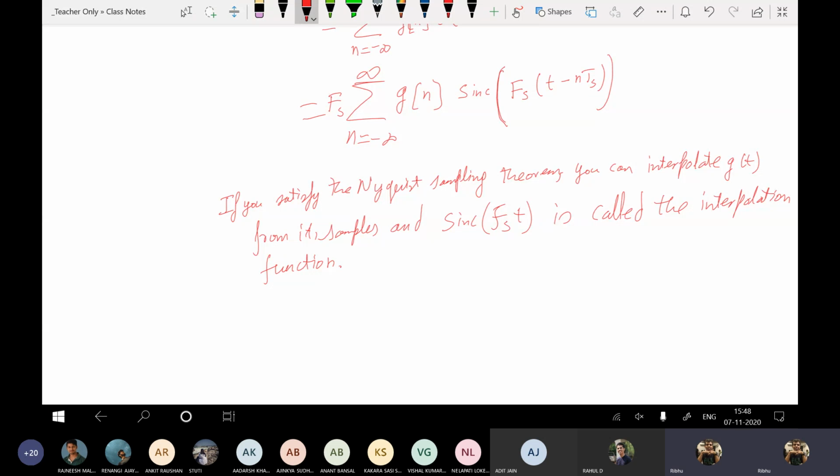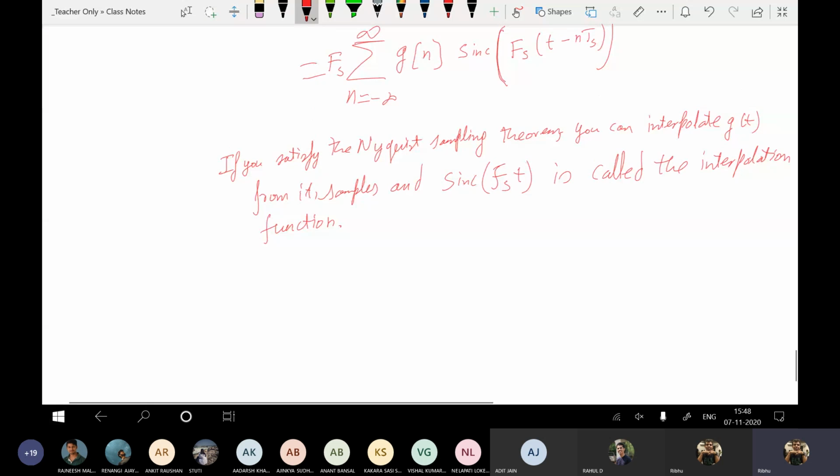So you know that the sinc function is called the interpolation function. I don't remember exactly, but yeah, now we got to know. Okay, cool, which is a good thing. We learned something new.